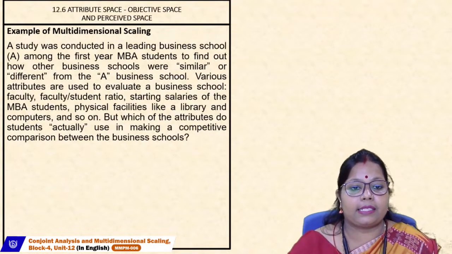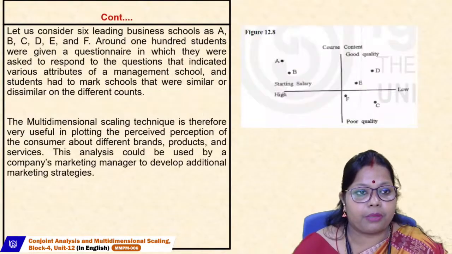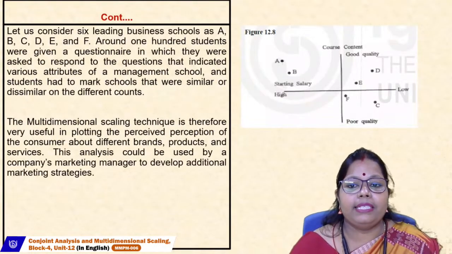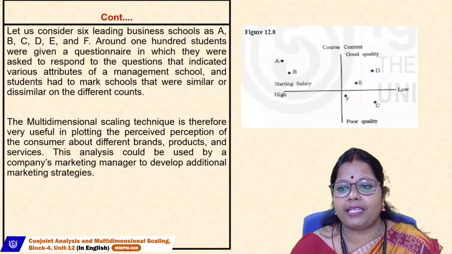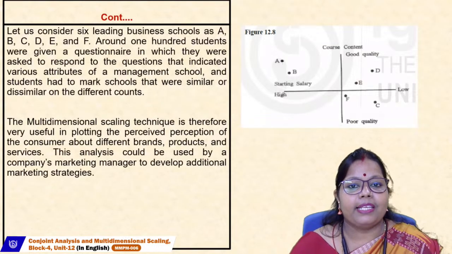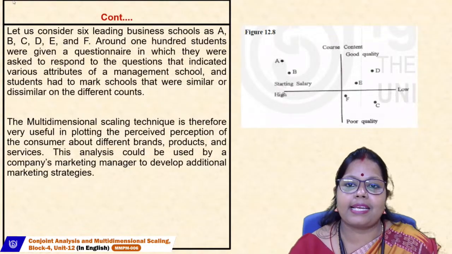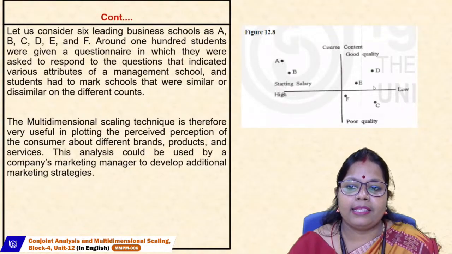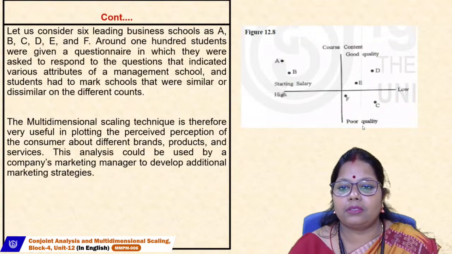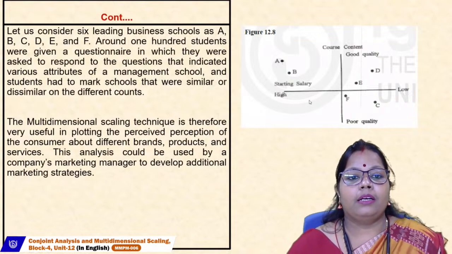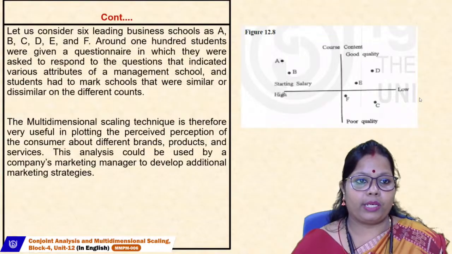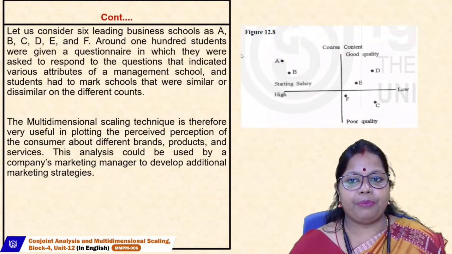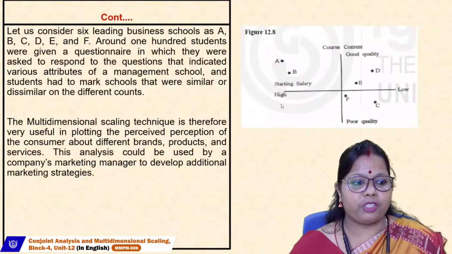Now let us consider six leading business schools, A, B, C, D, E, F. The same spatial diagram I cited here in 12.8, in which we have categorized the B schools as poor quality, good quality, high quality and low quality. In that way we have divided the B schools into four segments.